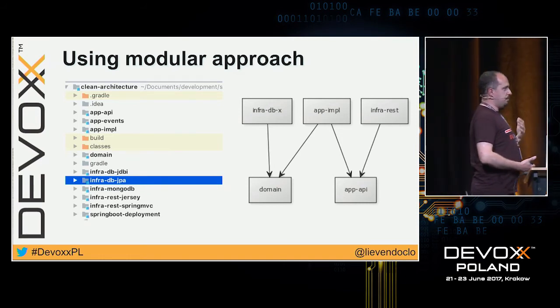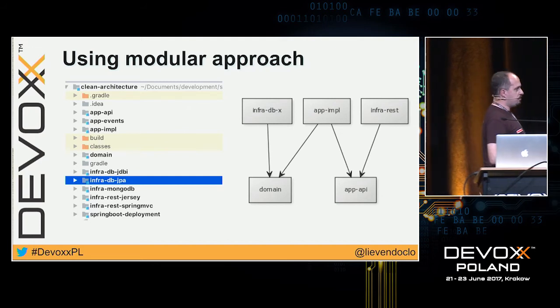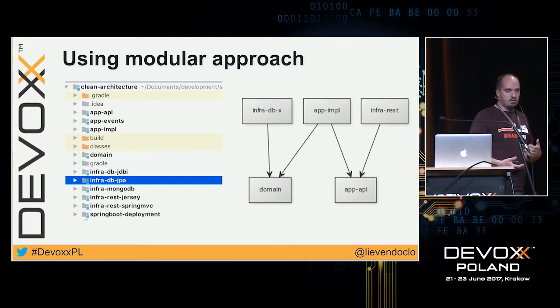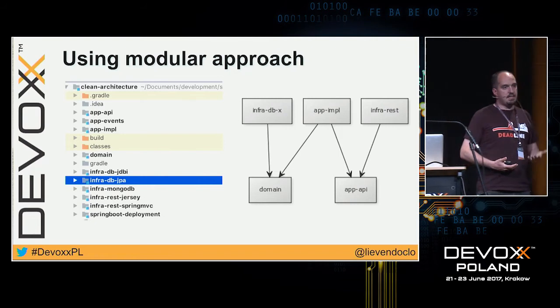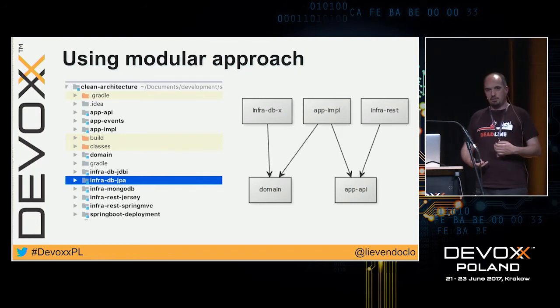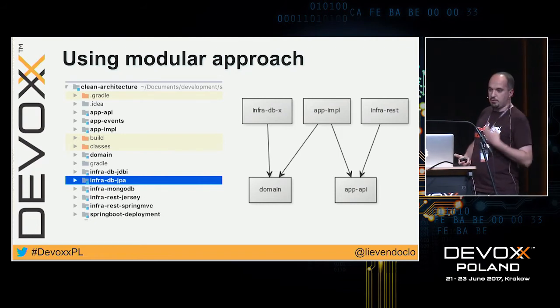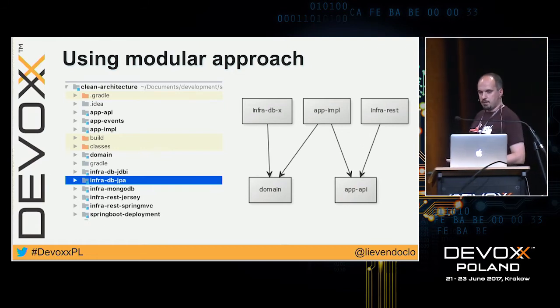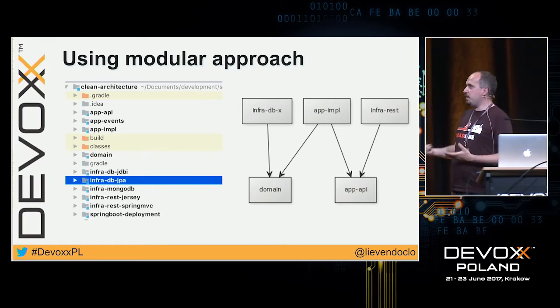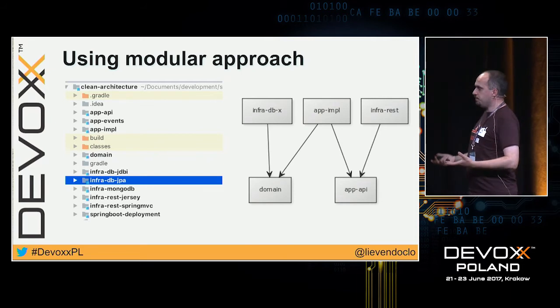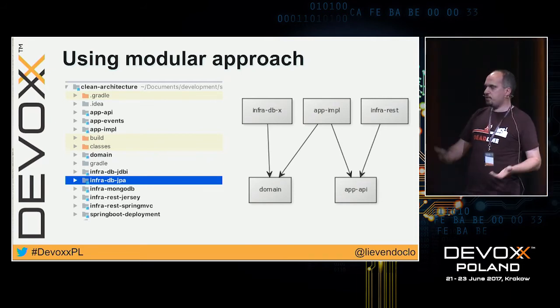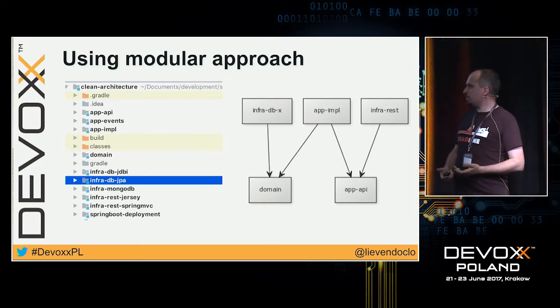The application implementation will implement those use cases and will use the domain and the entity gateways of that domain to persist and to get data from your system. Those entity gateways then are implemented by some other infrastructure layer that actually implements those gateways to the outside world.